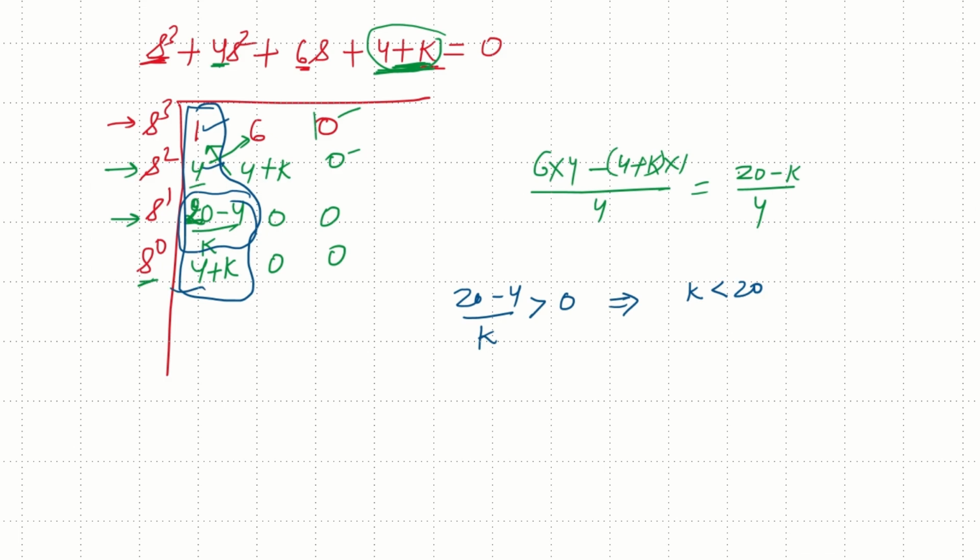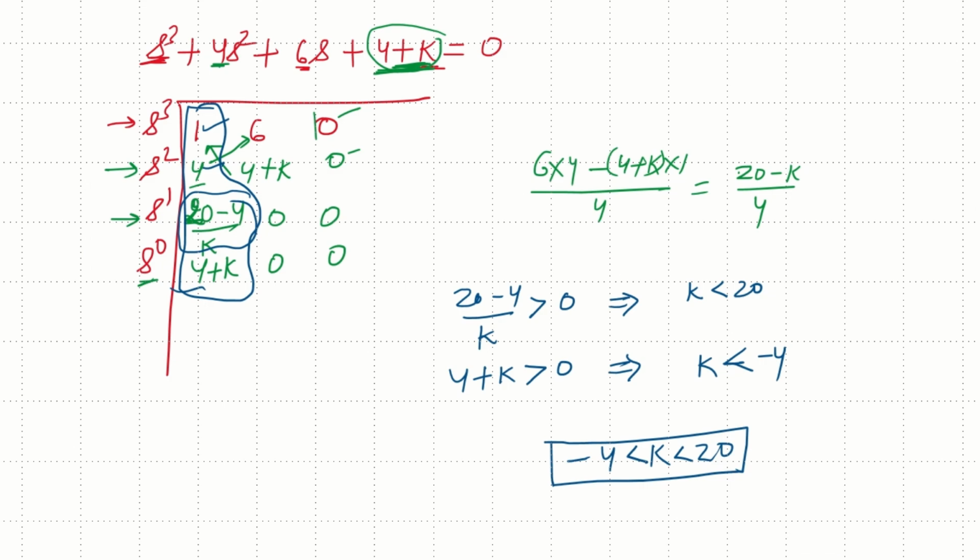Again, this 4 plus K should also be greater than 0, so K should be greater than minus 4. So finally we can say that K should lie between minus 4 and 20. This is the range of K for which the given system will be stable.